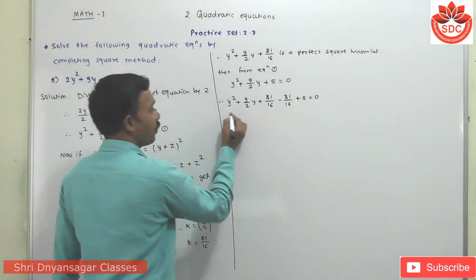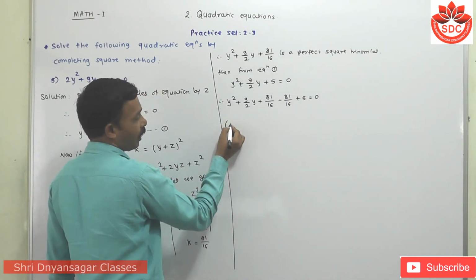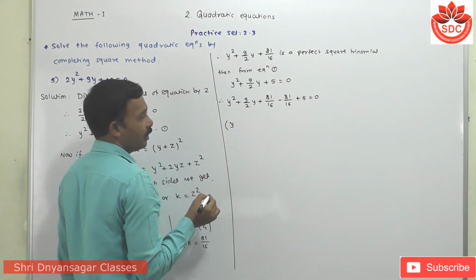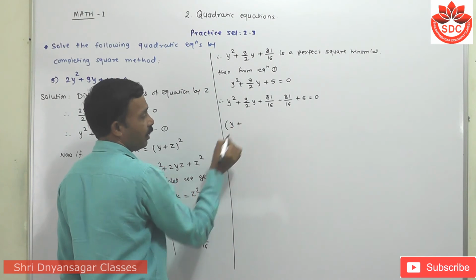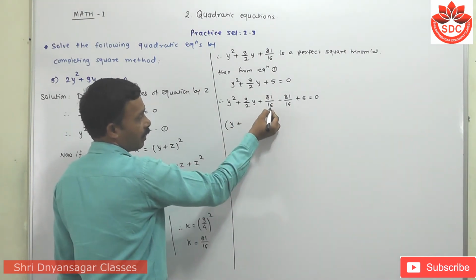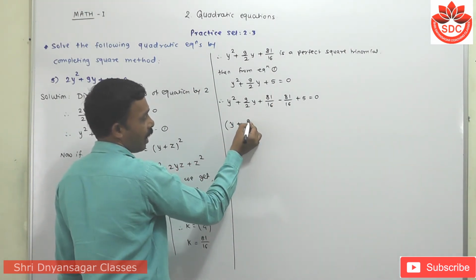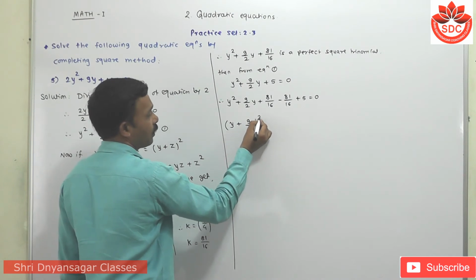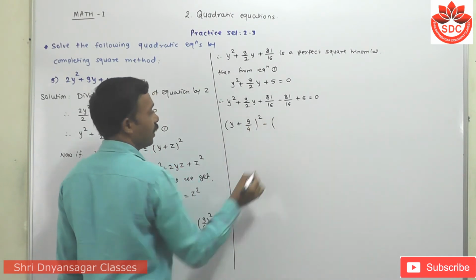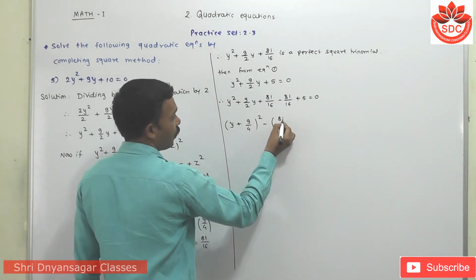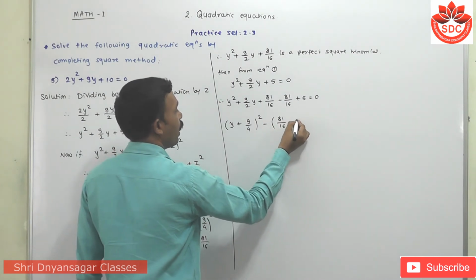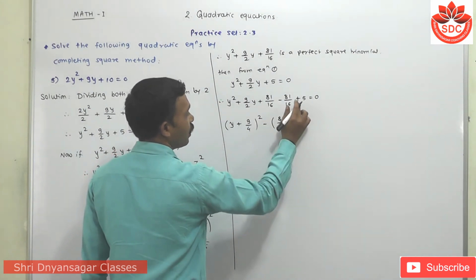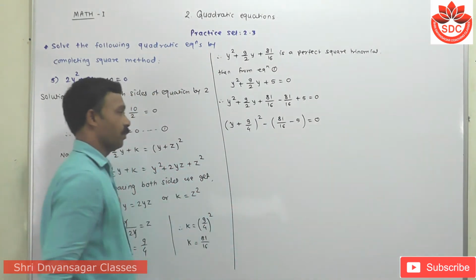Then this is the square of one number. How to find out? Taking the square root of the first term, y, give the sign of the middle term. Then taking the square root of the third term, 9 upon 4 bracket square. Then take the minus sign here, in bracket 81 upon 16 minus 5, because minus into minus is plus, equal to 0.